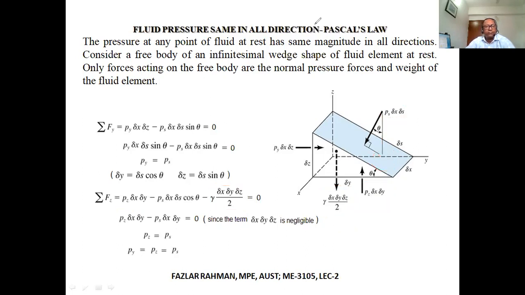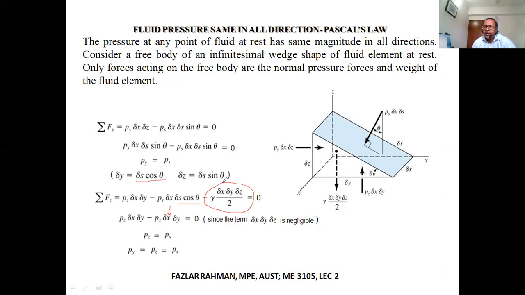Now, ds into cos theta equals dy, right over here. If we apply cos theta in the triangle, you have this term becoming this one. Now, this value, delta s, delta y, dz, they are very infinitesimal dimensions.